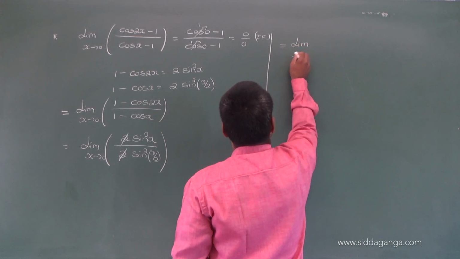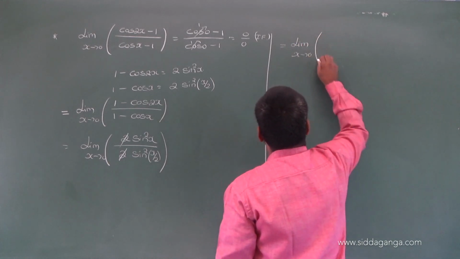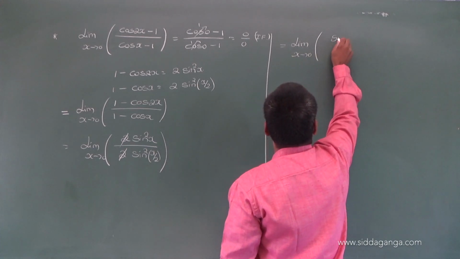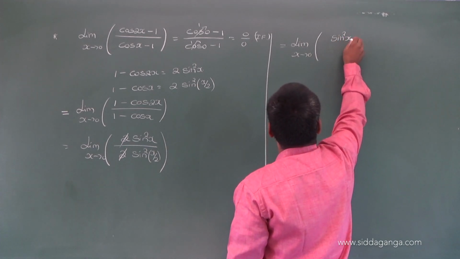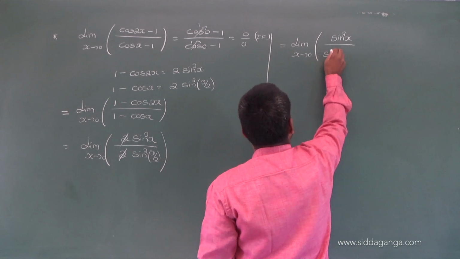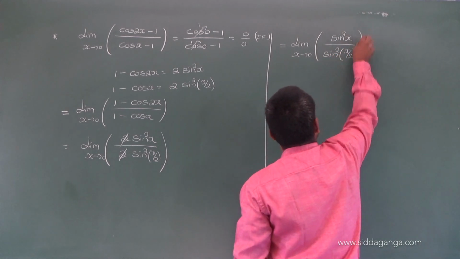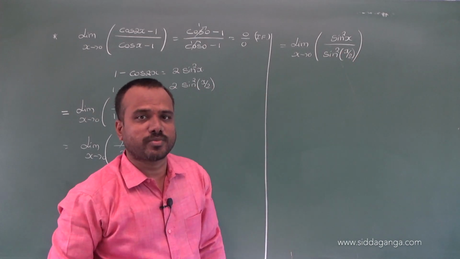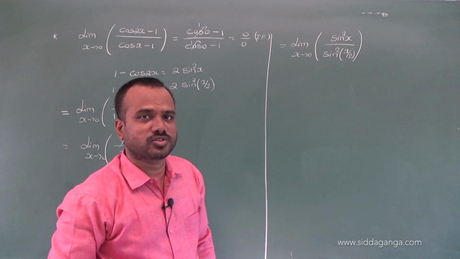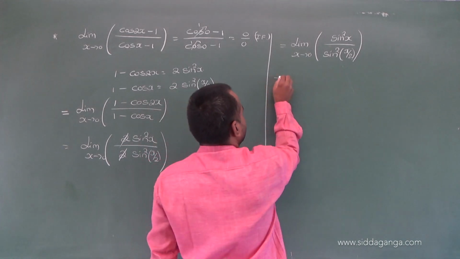Limit x tends to 0, sin square x divided by sin square x by 2.